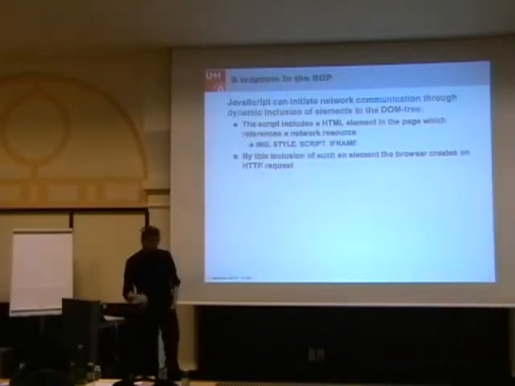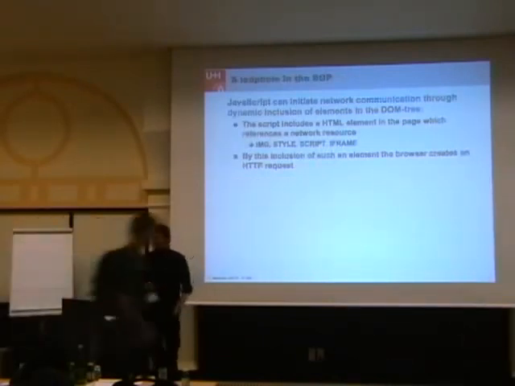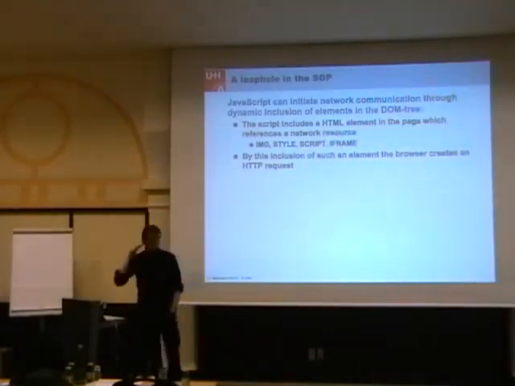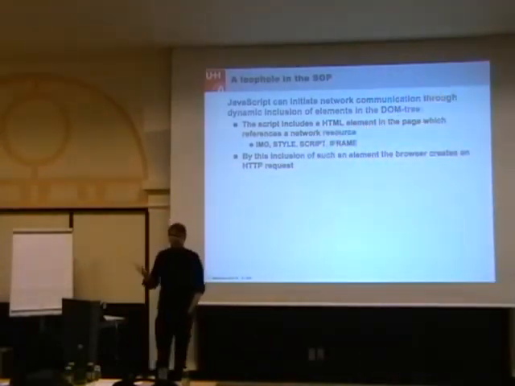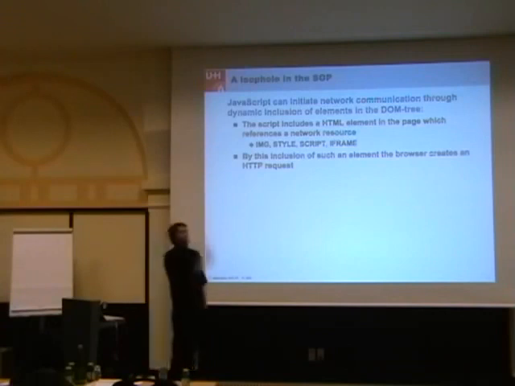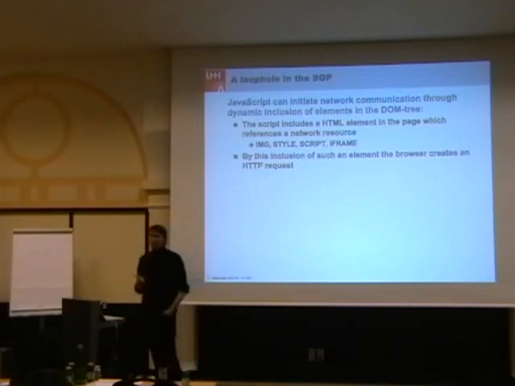Not completely. There is a loophole in the same origin policy, and the loophole dates back from the very, very beginning of HTTP and HTML. We have a couple of elements in HTML that implicitly cause HTTP requests: image, style, script, iframe.